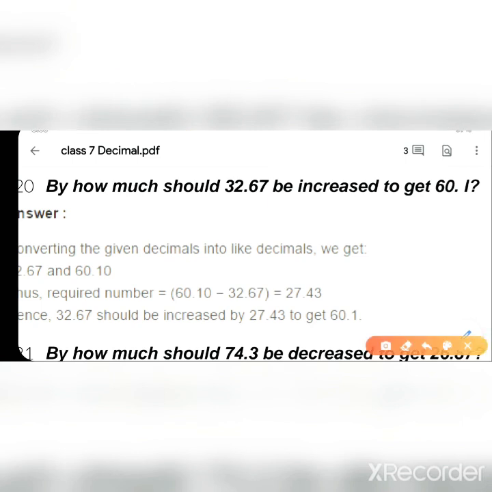By how much should this be increased? Let the required number be a. So 32.67 should be increased by a to get 60.1.